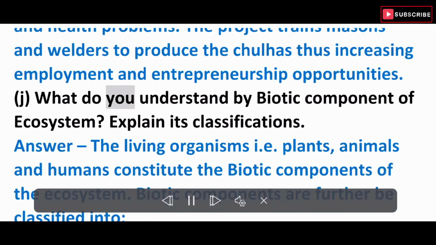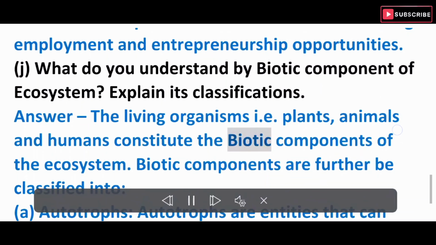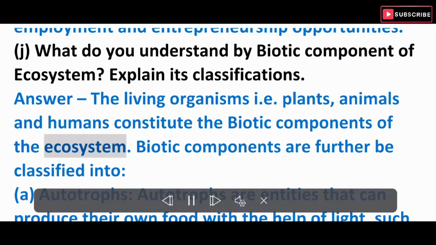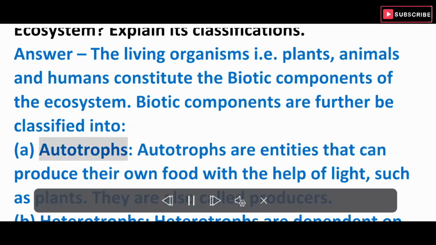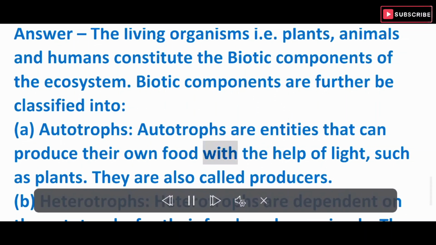J. What do you understand by biotic component of ecosystem? Explain its classifications. Answer. The living organisms i.e. plants, animals and humans constitute the biotic components of the ecosystem. Biotic components are further classified into a. Autotrophs. Autotrophs are entities that can produce their own food with the help of light, such as plants.